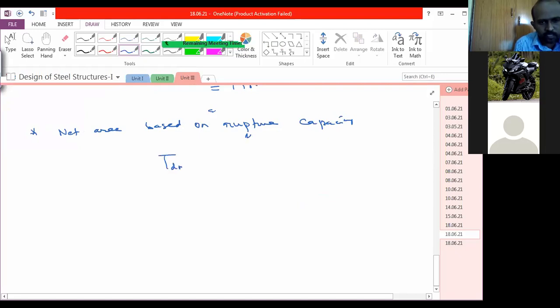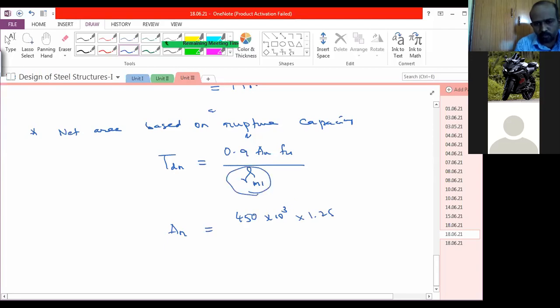It is given as TDN is equal to 0.9 AN FU divided by gamma m1. Now we have to calculate AN. AN is equal to TDN, that is 450 into 10 raised to 3 into 1.25, gamma m1 already we know is 1.25, divided by FU 410.